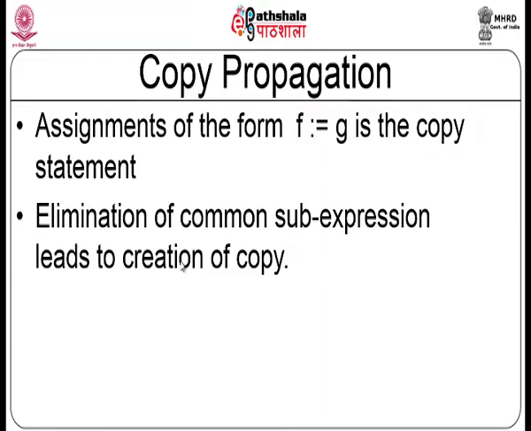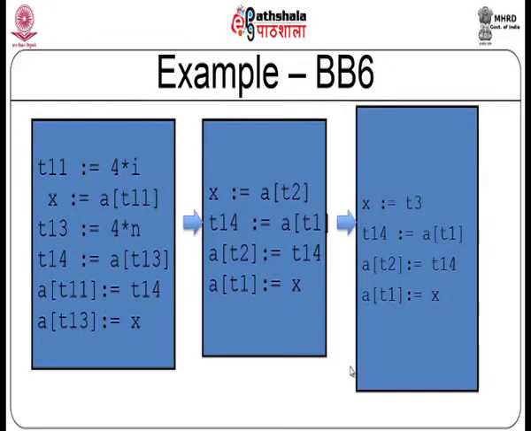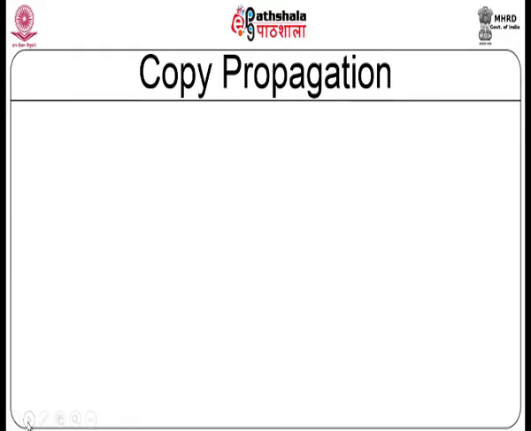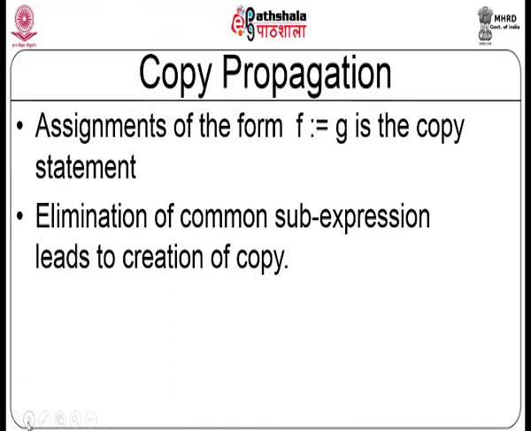In the sense that when we got rid of the statement here, x is equal to T3, and I have A of T1 is equal to x. Now, this is a copy. So when you eliminate common sub-expressions, that results in the creation of a copy statement.